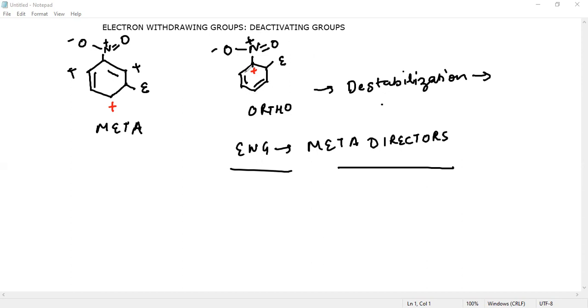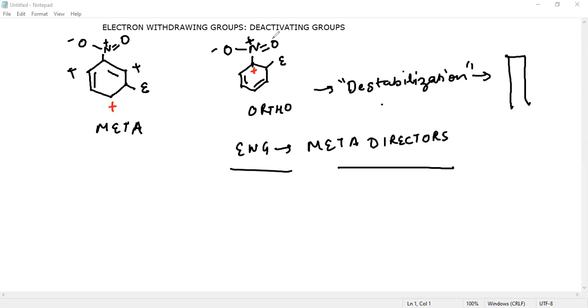Because here we generate the carbocation, and it is already positive, and something which is further taking away the electron density from which is already positive is causing further destabilizing effects and making it less favorable to happen. So it will raise the energy bar even higher.